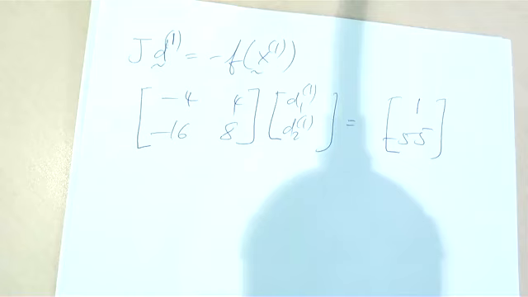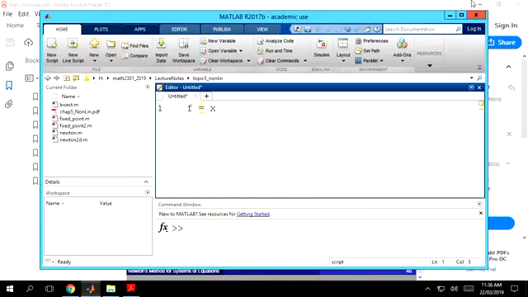So what is your function? Remember, the function is f1 and f2, yeah? So you can define an anonymous function like this, yeah?